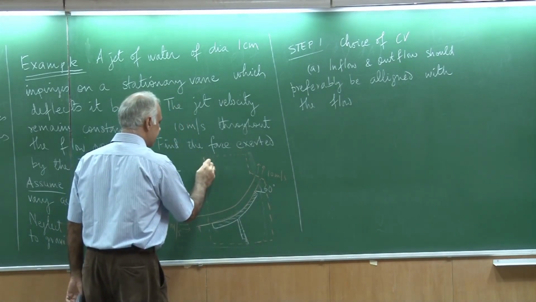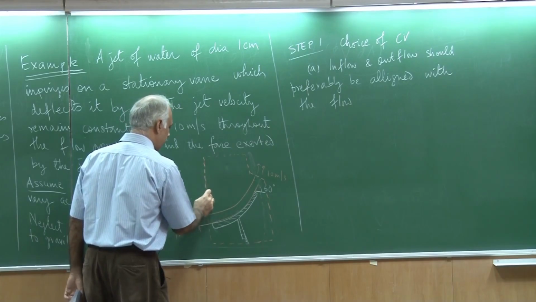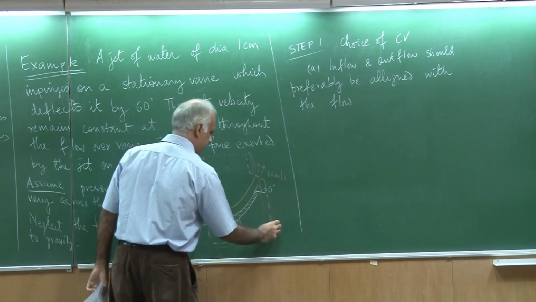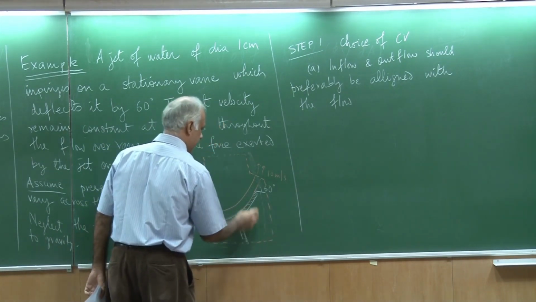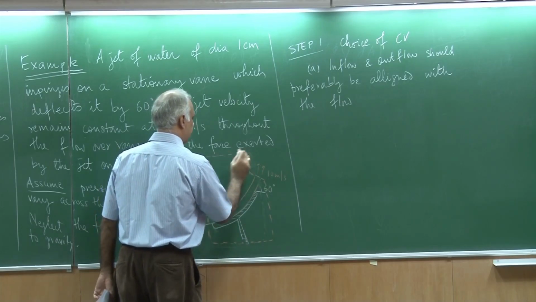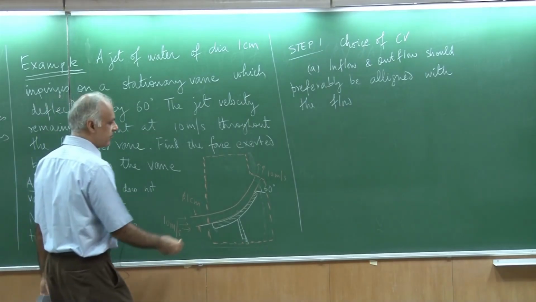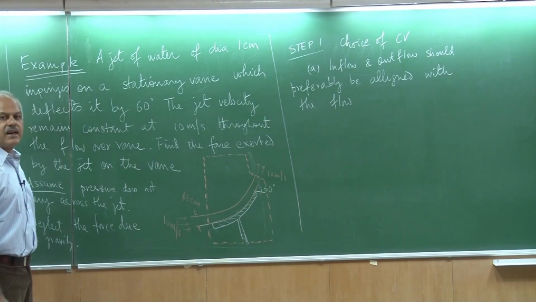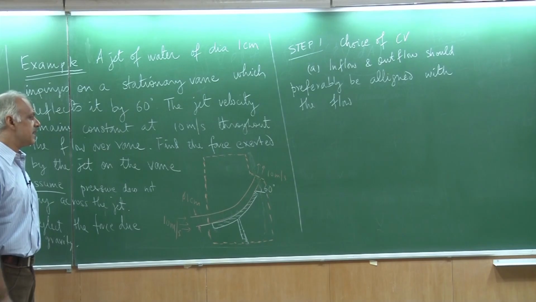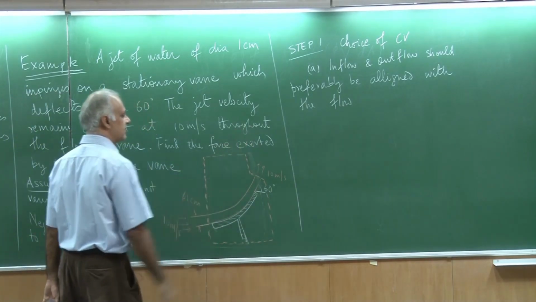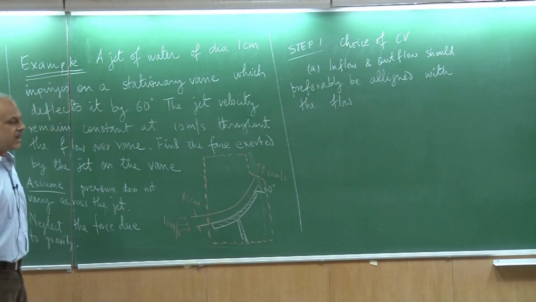Then at both the inflow and the outflow, the normals are aligned with the flow direction. So my computation would be a little bit easier. As I said, there is nothing wrong in choosing a straight surface as well, but you will have to work harder.